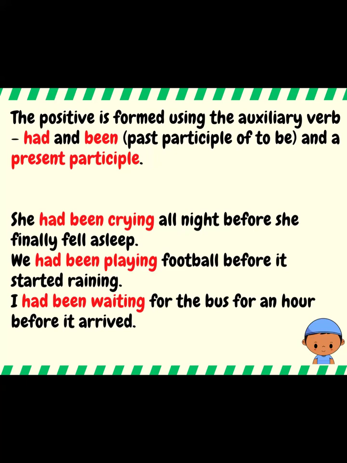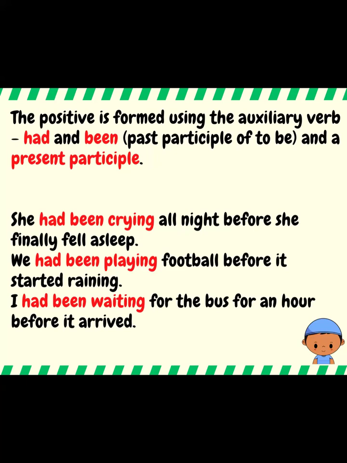And I had been waiting for the bus for an hour before it arrived. So this one sentence, I had been waiting for an hour, is emphasizing the duration of how long you had been waiting before the event of the bus arriving happens. So you are sequencing those events in the past.